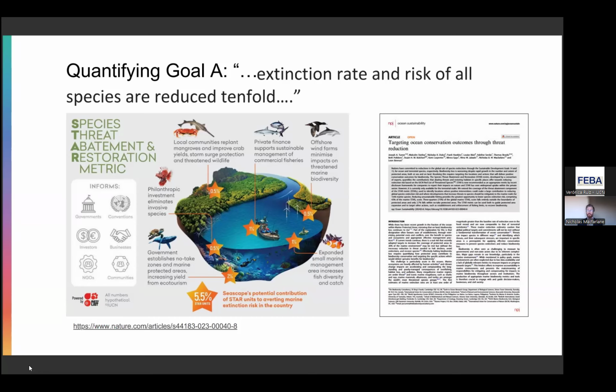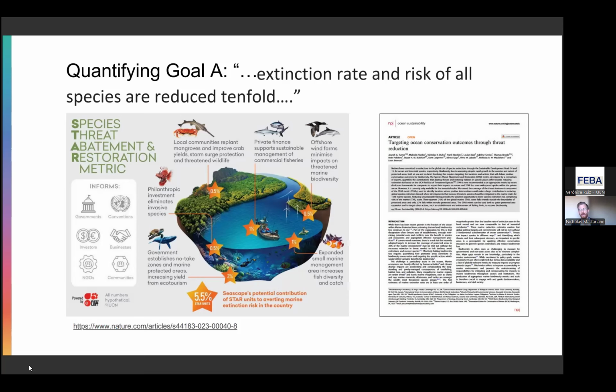STAR scores can be broken down to show the contributions of individual threat types, as we saw before, or individual actions. That could be a government establishing a no-take zone or marine protected area, yielding an increase in ecotourism, or finance supporting sustainable management of commercial fisheries.